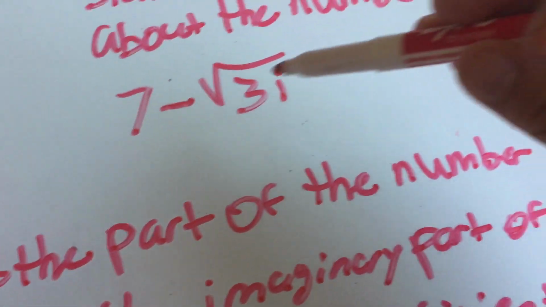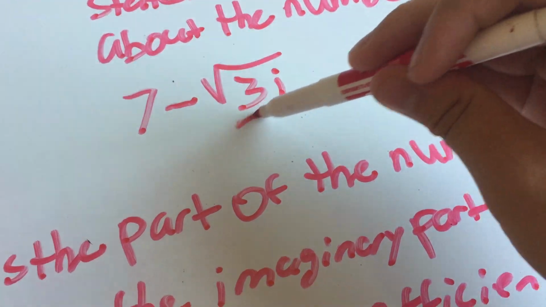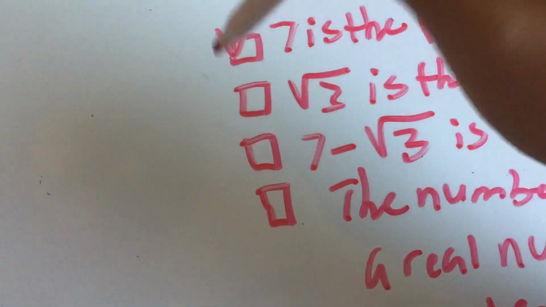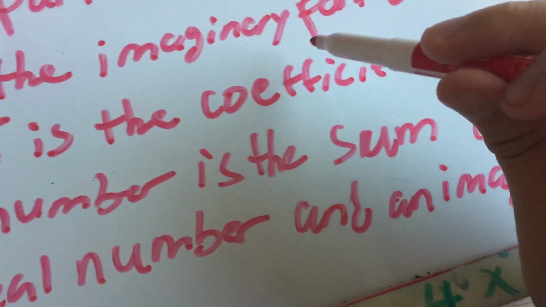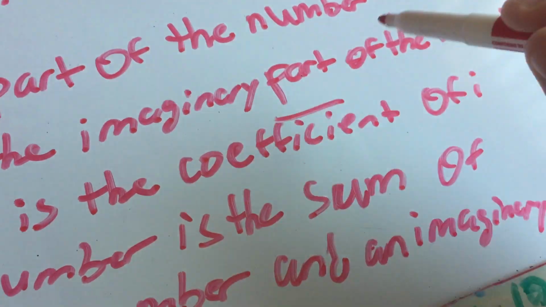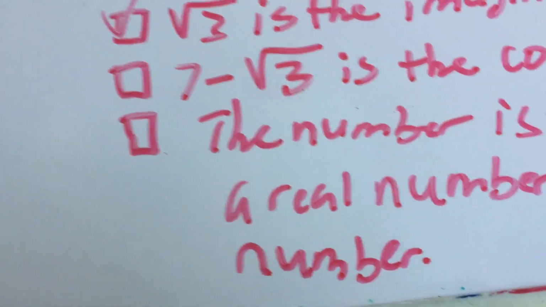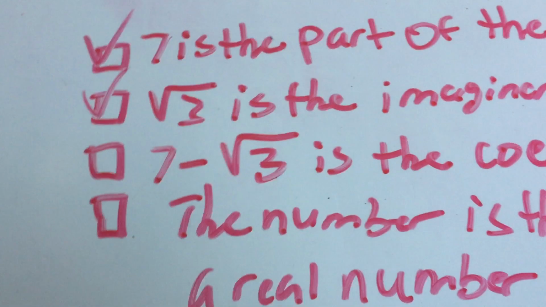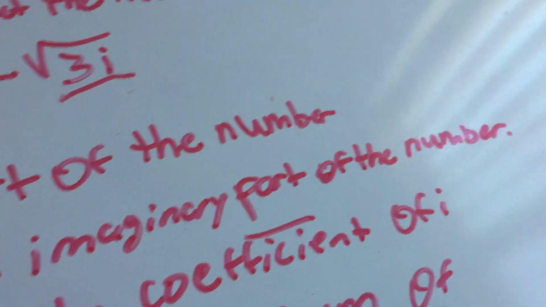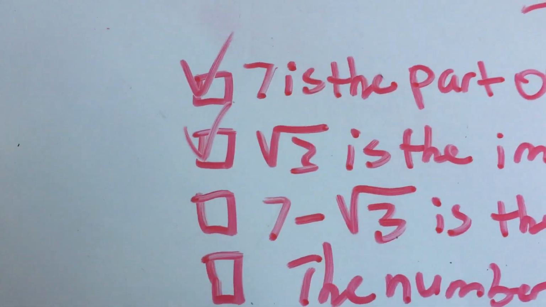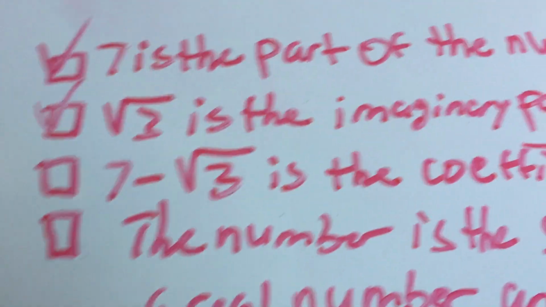Yes, it is part of the imaginary number because 3i is an imaginary number. So yes, it is part of it. Next, 7 minus square root of 3 is the coefficient of i. Nope, that is not right.